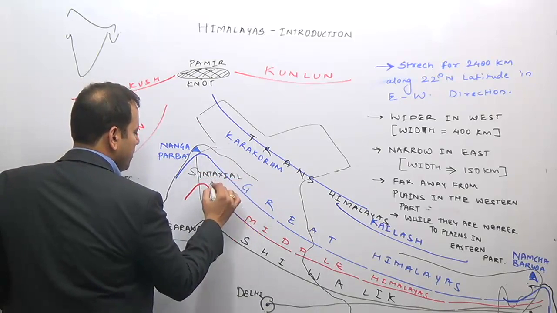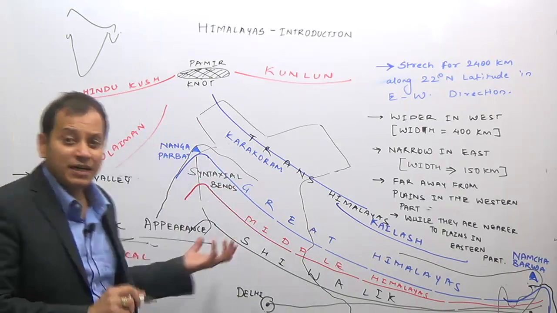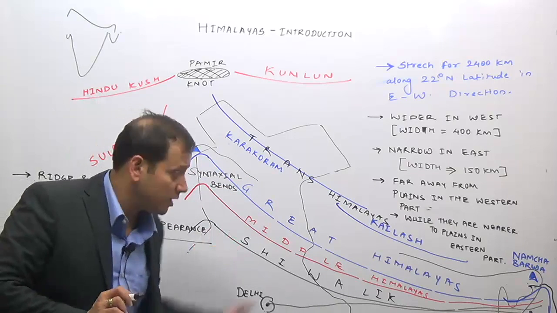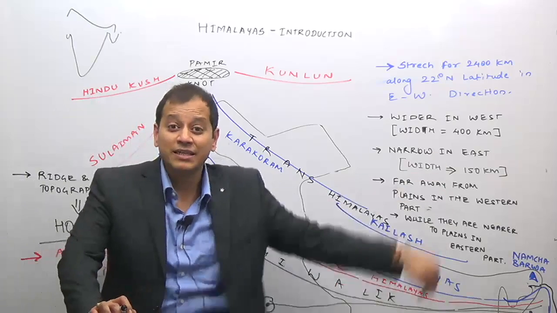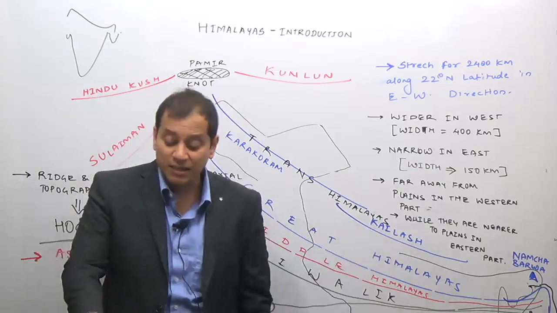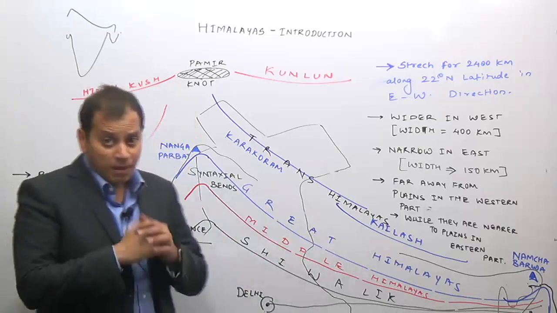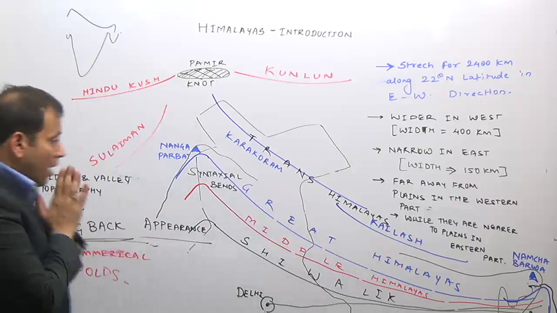The syntaxial bends in the Himalayas are represented by river Indus suddenly taking a southward turn and river Brahmaputra suddenly taking a southward turn to enter India in this region as the Siang river, and then entering the plains as the Brahmaputra river system.